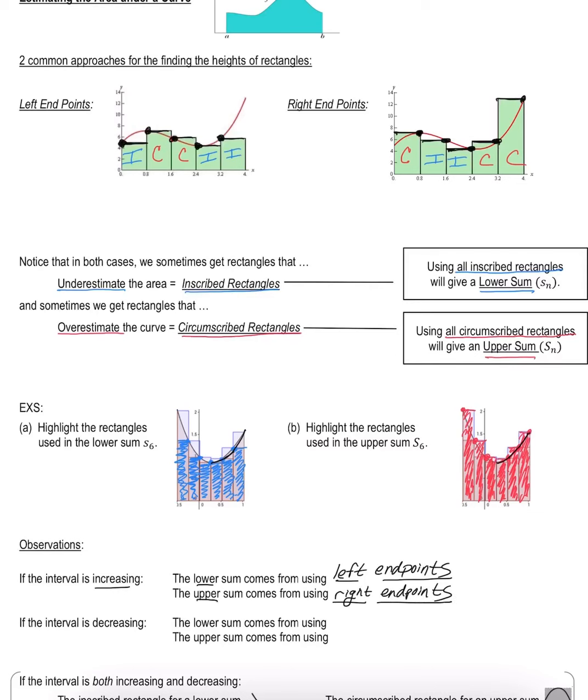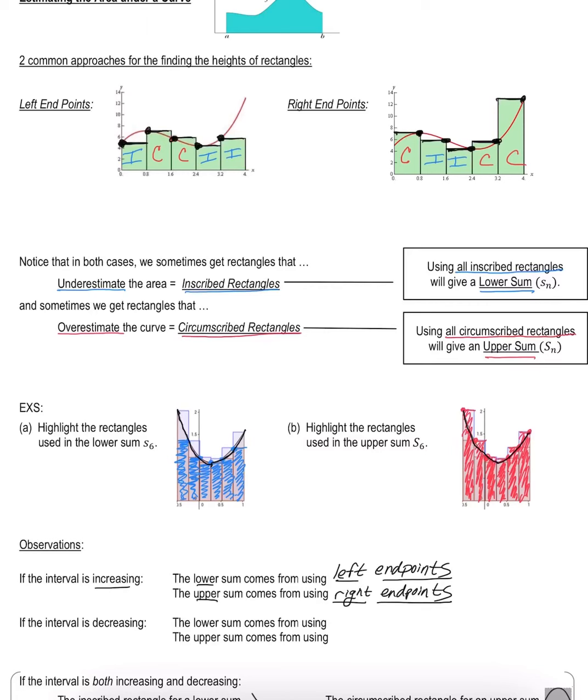Now this switches when we look at where a function is decreasing. If we look at the first part of the curve, the first three rectangles, we're focusing on these three rectangles.